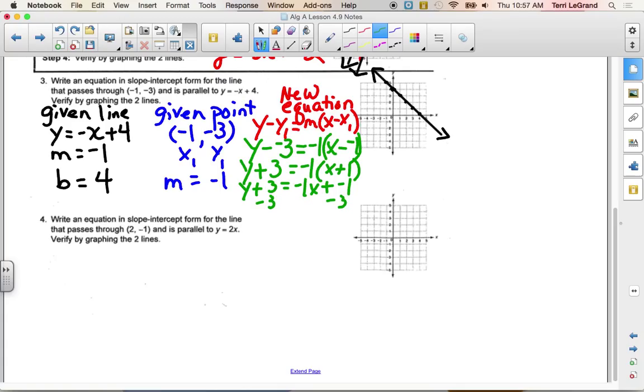Subtracting 3 is the same as adding -3. So we get y equals what? -1x plus -4. We can clean that up, can't we? y equals -x minus 4.